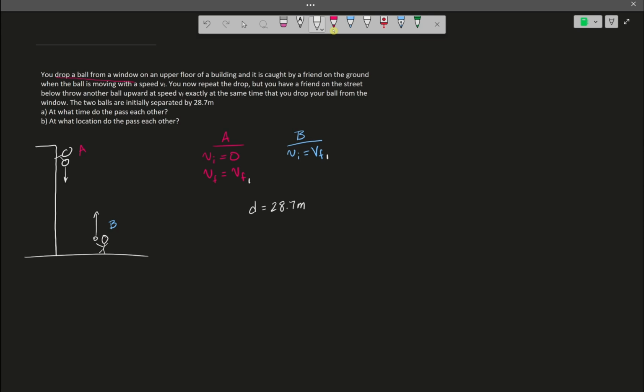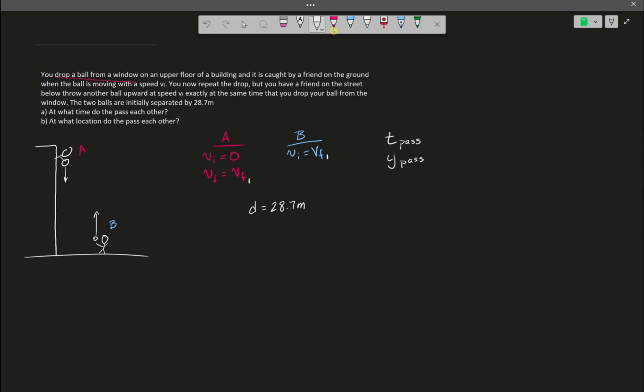I'm using distance instead of displacement because one ball is going to be going in the positive direction, the other ball is going to be going in the negative direction, and honestly, I don't know if I am considering the ground to be y equal to 0, so I'm just going to call this distance for now. And we want to figure out at what time do they pass each other, and at what location do they pass each other. I'm using y because I want location.